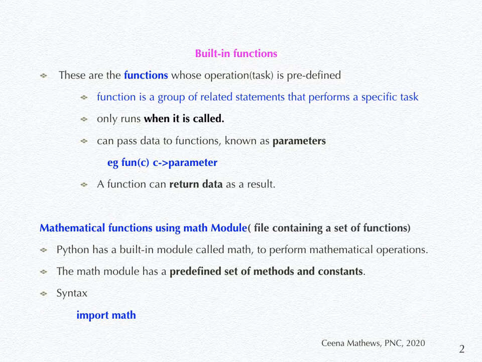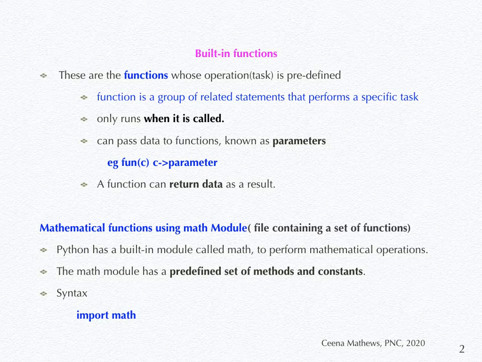A function here means a group of related statements that performs a specific task, and this function only runs when it is called. You can pass data to these functions, which are known as parameters.